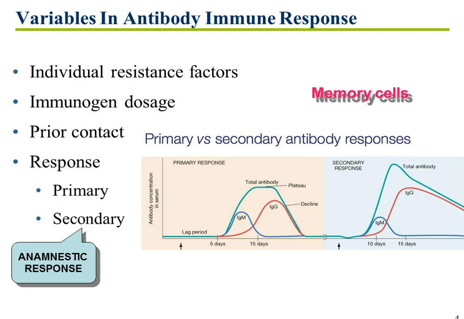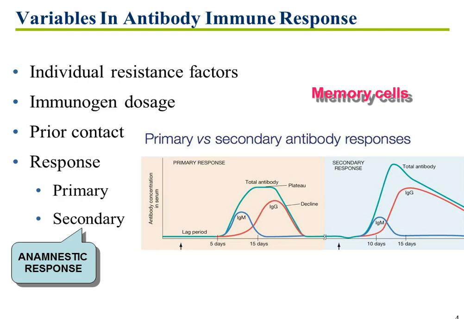Obviously, there are different ways to identify antibody. We're going to be talking about different antibody tests. And there are differences in the patient's antibody immune response. Individual factors. For example, if you're protein malnourished, you're just not going to have a strong immune response because antibodies are, of course, protein.